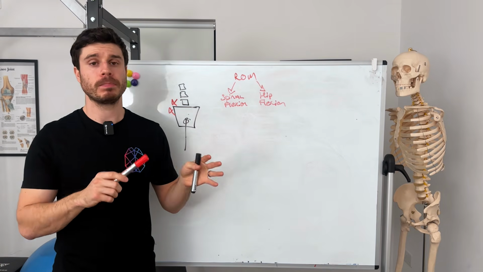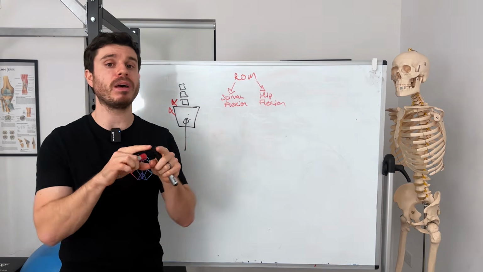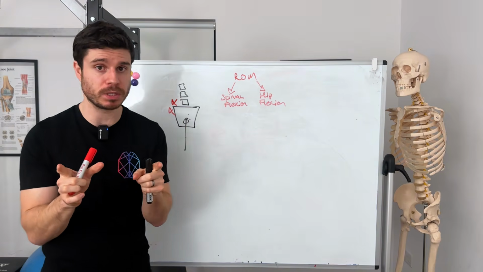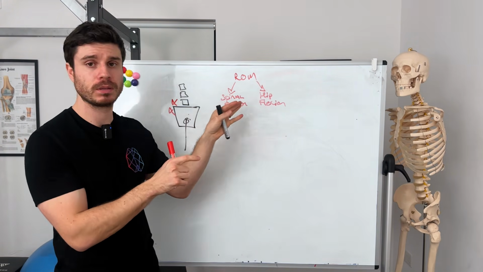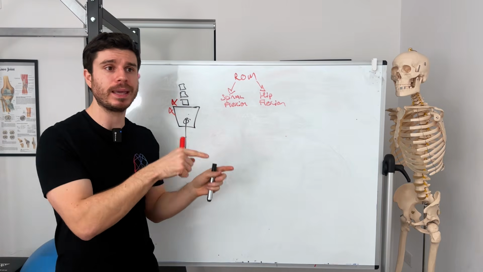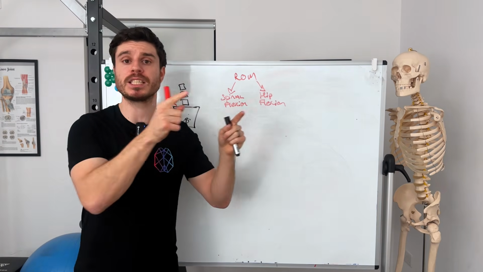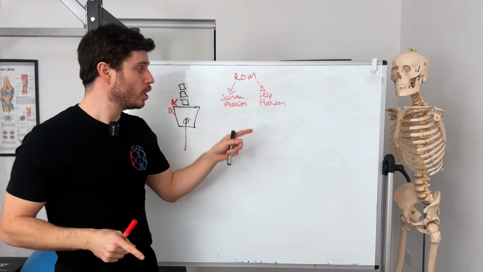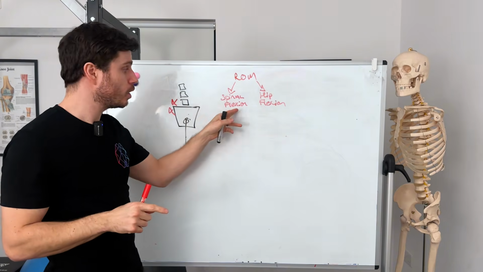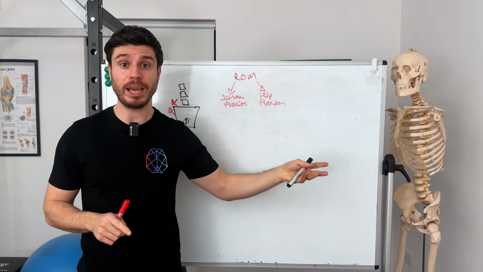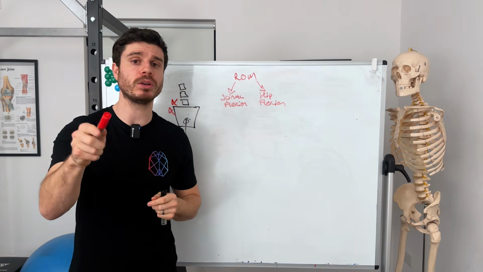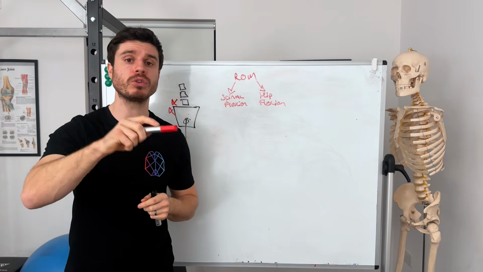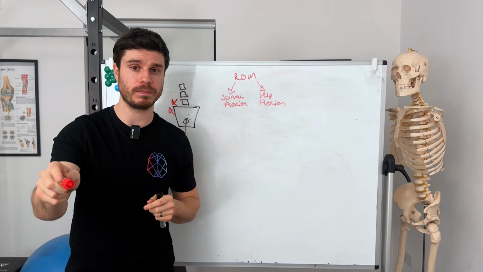So I can get an idea of what's available from a range of motion perspective, but I don't really know what components of that whole body task are linked more with the pain experience, okay? So let's consider this. You might think that, okay, spinal flexion has full range of motion there. They have good spinal flexion. But just because you have good range of motion does not mean it's non-painful, okay?